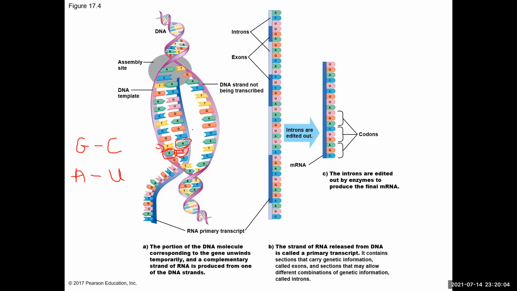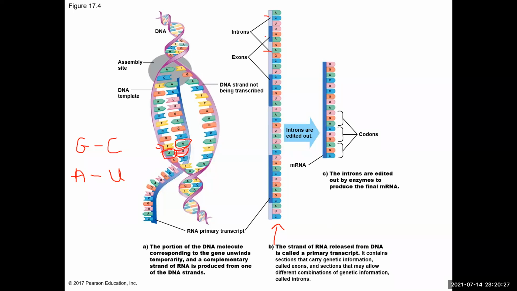Okay, so once that RNA, that primary transcript, has been made, this is what it would look like. What you notice is there are different colors on the backbone. The light blue are the introns, so this area and this area. The dark blue are the exons.